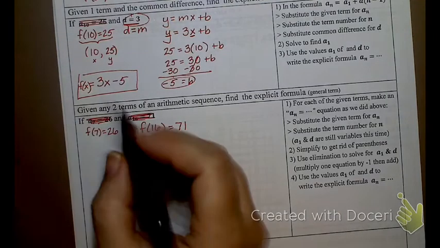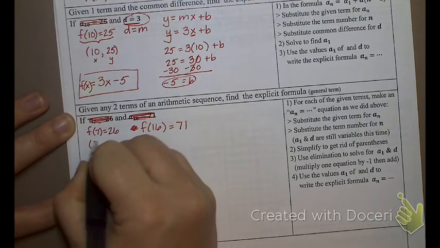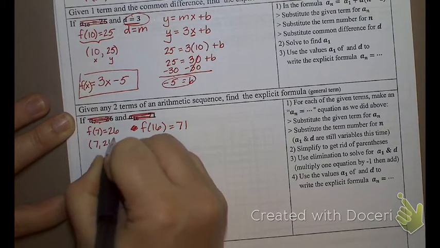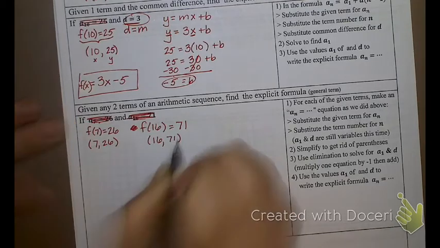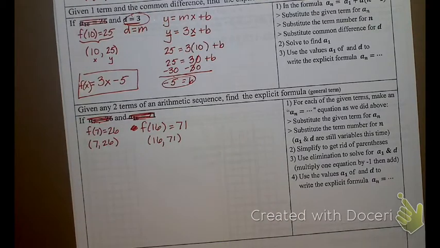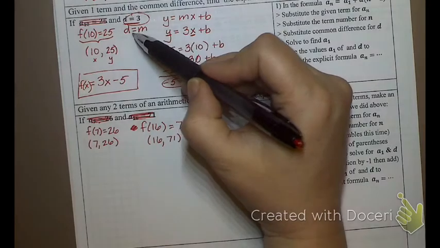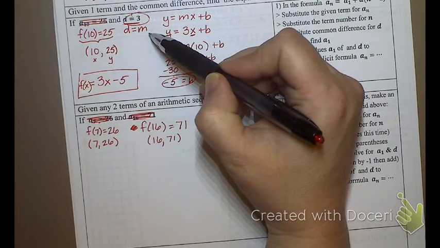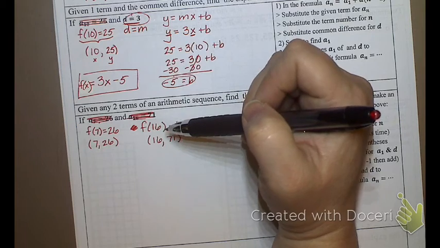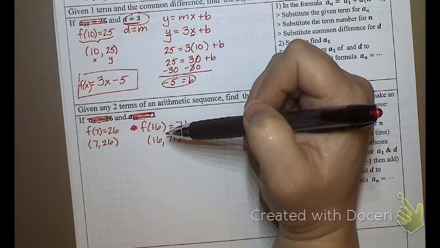Okay. Now these two terms, I know this is the point (7, 26) and this is the point (16, 71). Now let's think this through for a minute. D can also be thought of as m, right, as my slope. If I have 2 points, can I find the slope through those 2 points?